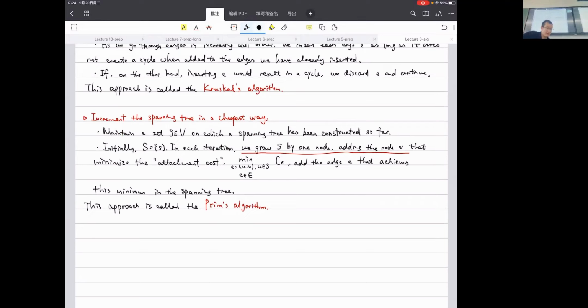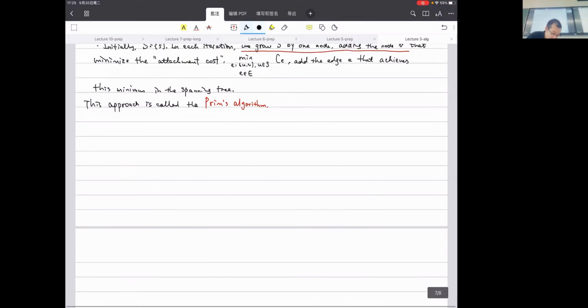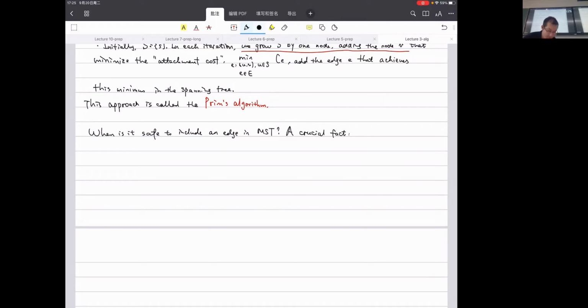To give a good understanding of both algorithms, I think we need some tools to understand what properties a minimum spanning tree, an MST, should have. So we consider such a lemma: when is it safe to include an edge in the MST? This is crucial. It is a lemma like this.